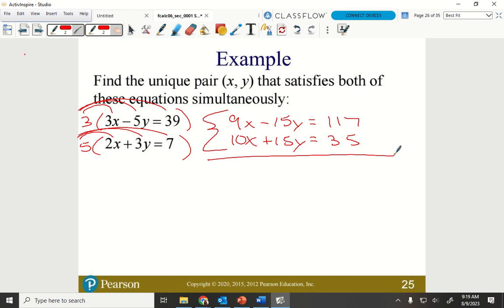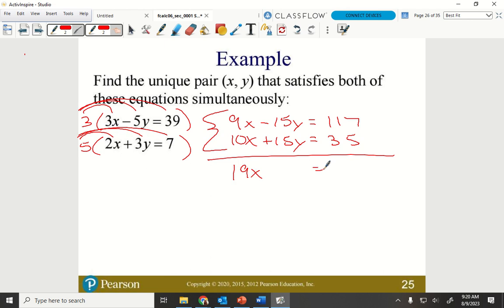And I have a positive 9x and a positive 10x. If I combine those together, I should get 19x. Combine these together, I get 0y. So if I have 0y, doesn't that just go away? Yes. 0 is a magic number. 0 times y is 0, so that variable is now gone. Bring down my equal sign.